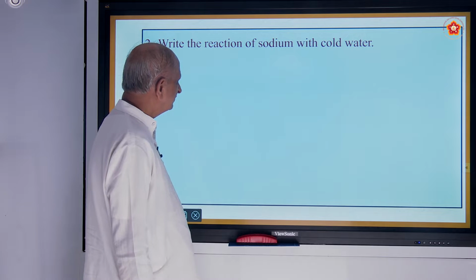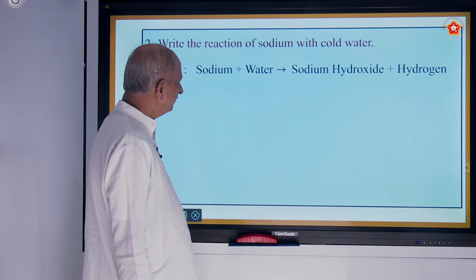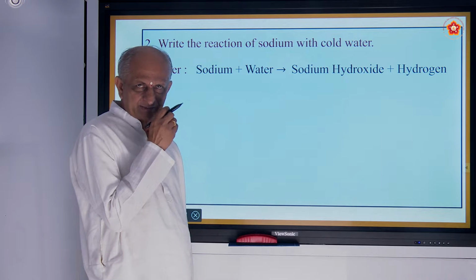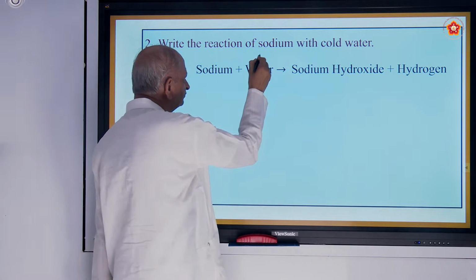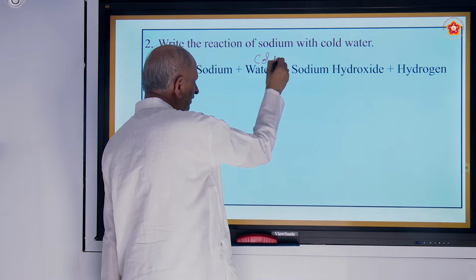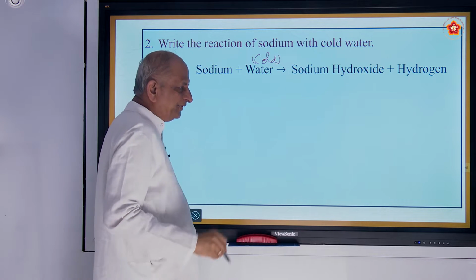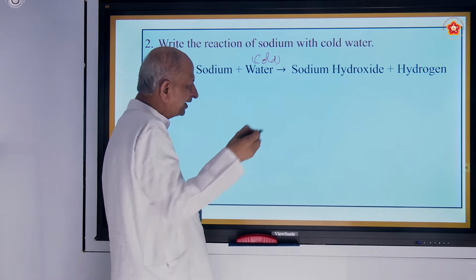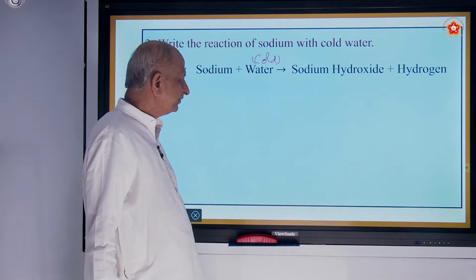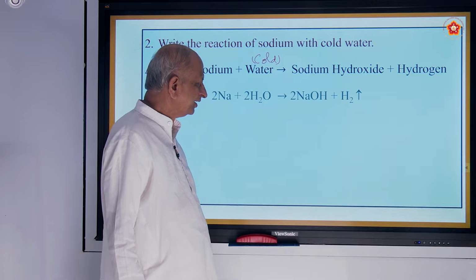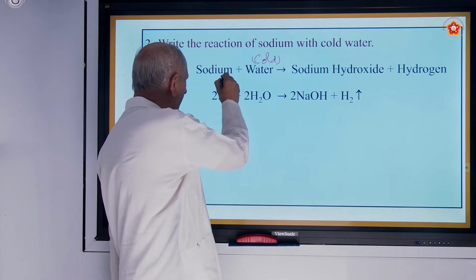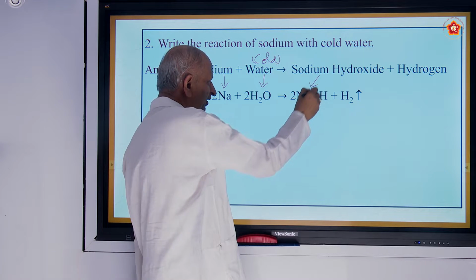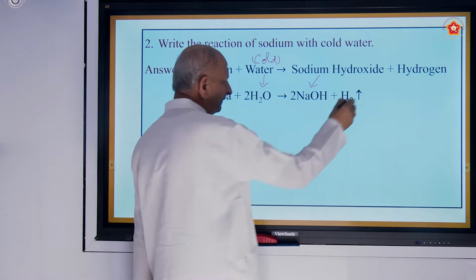Coming to the second question, write the reaction of sodium with cold water. Sodium reacts with cold water. How? This is cold water, important. It reacts vigorously, very fast. What does it form? It forms sodium hydroxide plus hydrogen. So sodium, Na, plus water, H2O, gives NaOH, sodium hydroxide, plus hydrogen.